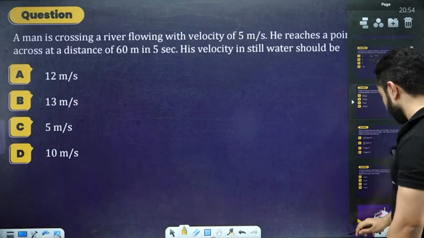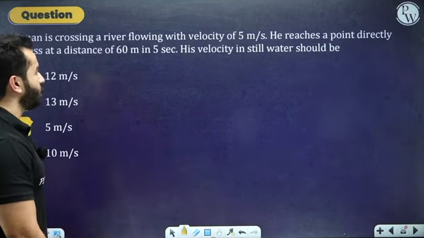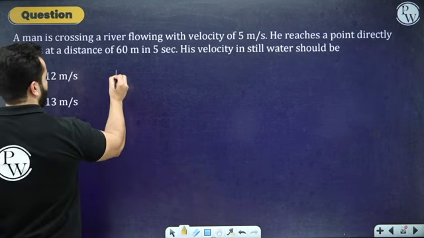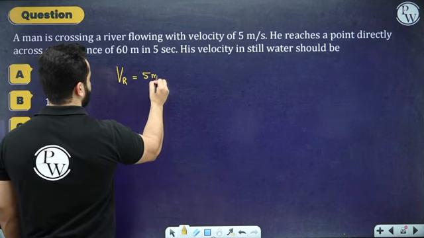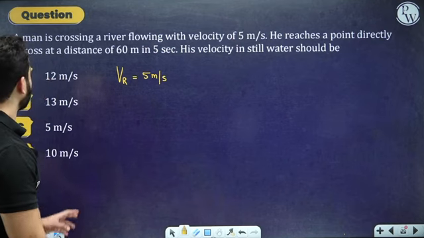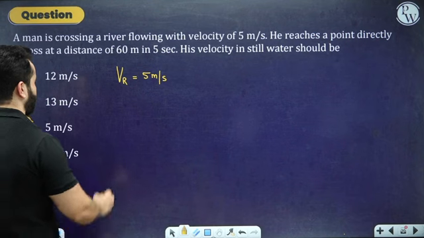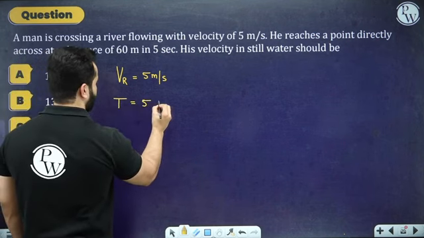Let's see this one. A man is crossing a river flowing with a velocity of, so you know what VR is now. VR is 5 meters per second, right? He reaches a point directly across at a distance of 60 meters in 5 seconds. Again, so you know what time is. Time is 5 seconds.